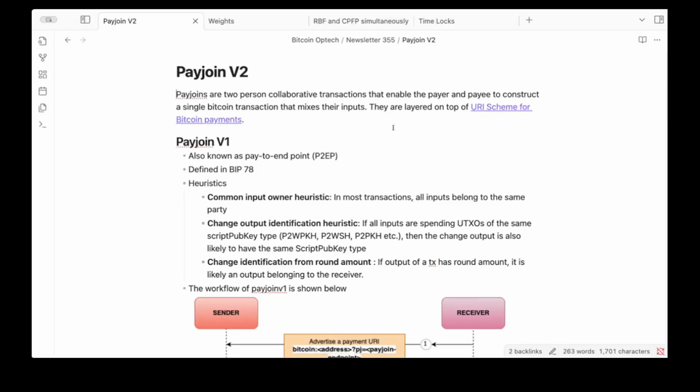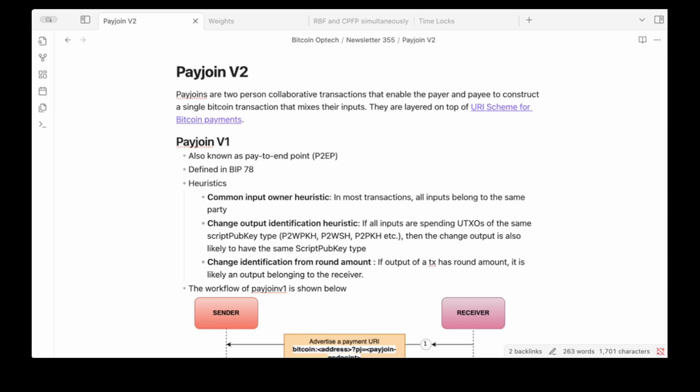So basically, Payjoins are collaborative transactions. What it does is that it enables the payer and the payee to construct the transaction in a collaborative fashion.